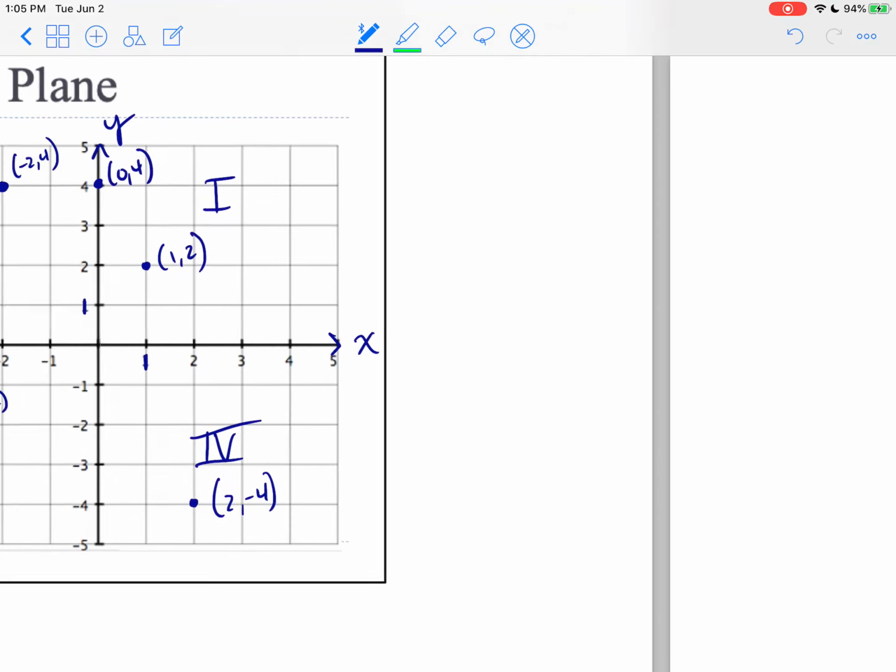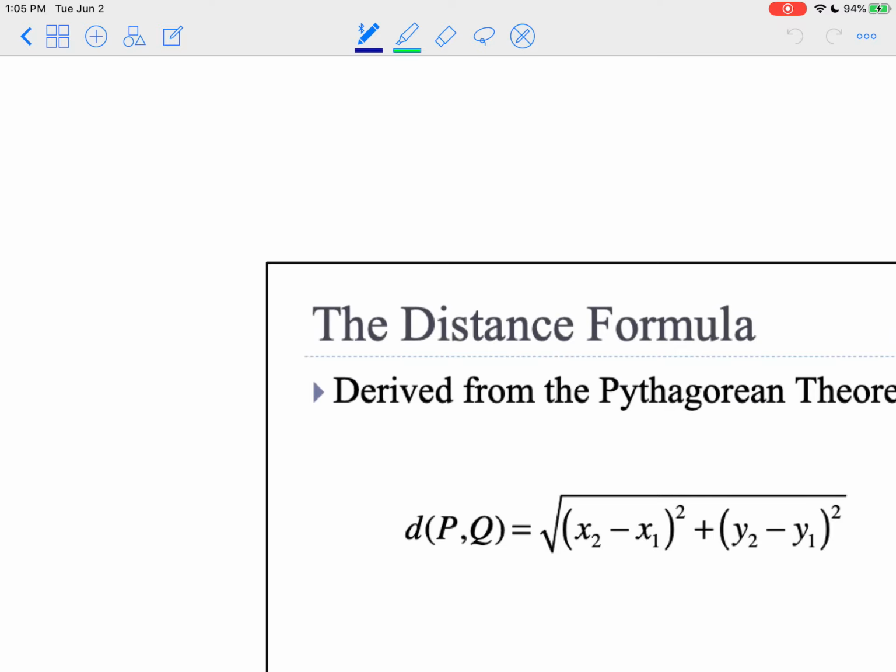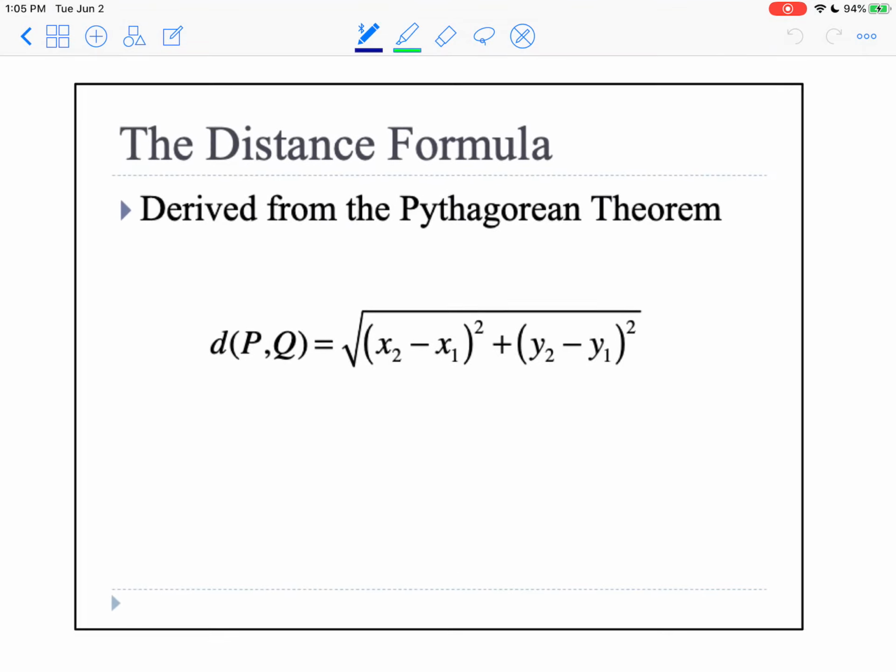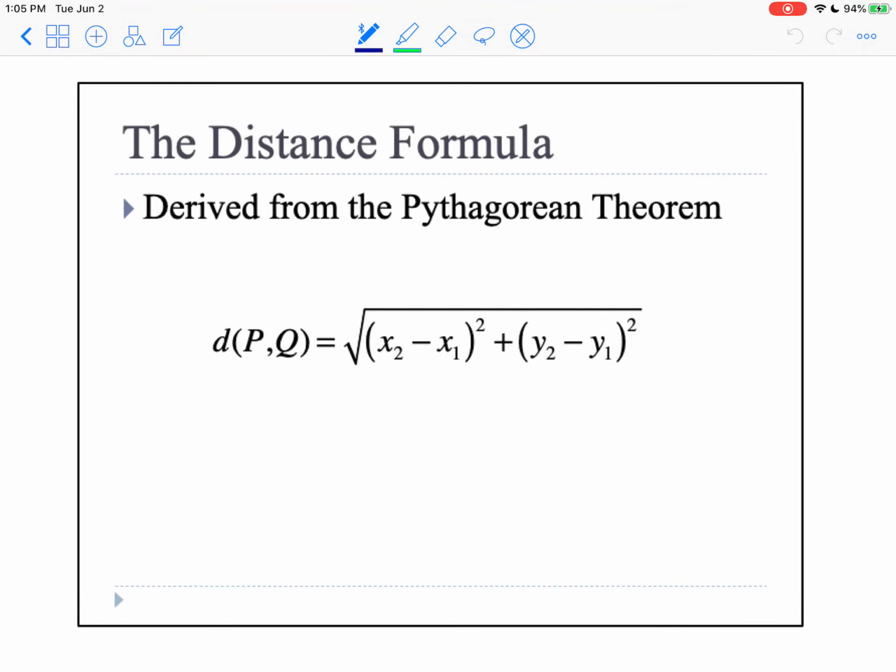Let's move on. So now we're going to find the distance formula. We're going to use the distance formula to find the distance between 2 points on a coordinate plane. Now, if you can't remember this formula, an easy way to remember it is that it's derived from the Pythagorean theorem.